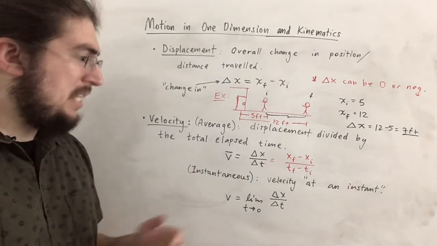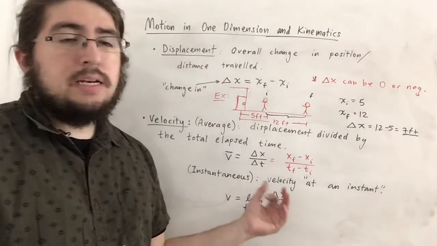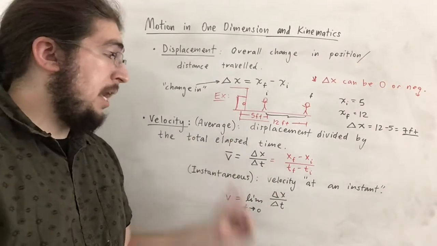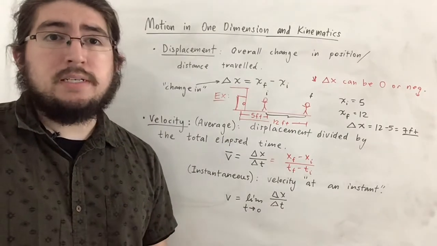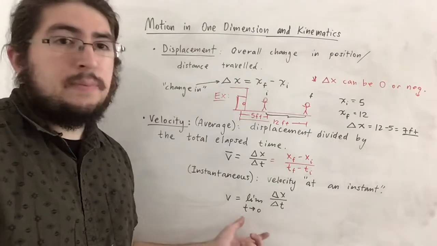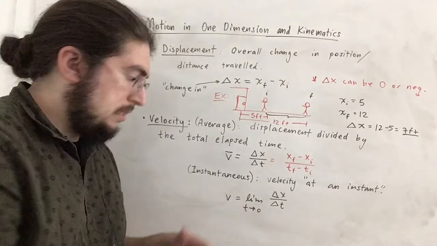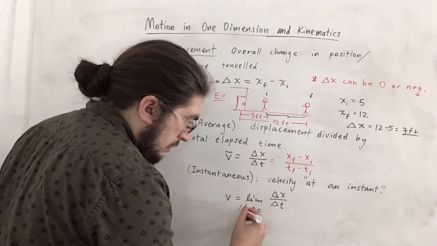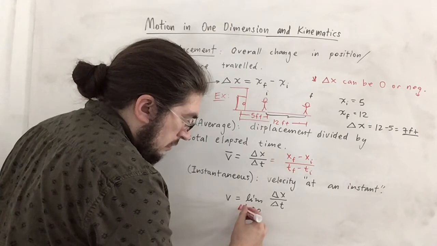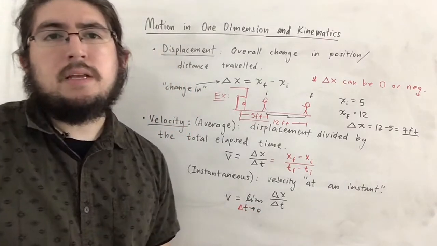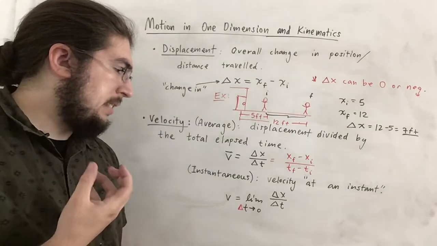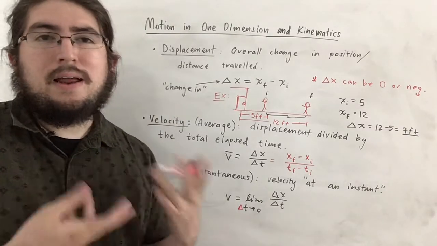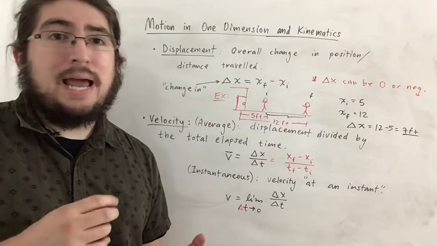And instantaneous velocity would be velocity not over an elapsed time, but at an instant, meaning there's really no change in time at all. So notice we have this limiting factor that the change in time, so there should be a delta t here, will be approaching 0. Now what that exactly means is, well, I have really no other way of saying it in words, but at an instant.